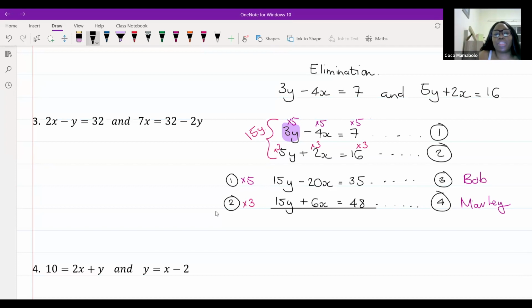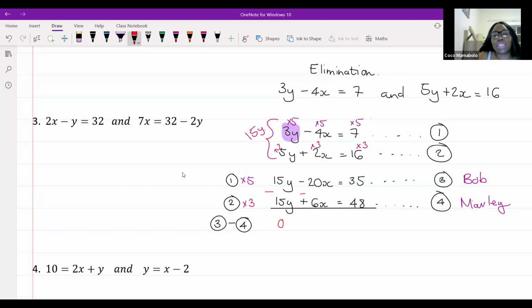All right. I'm then going to say equation 3 minus equation 4. So I'm going to have 15y minus 15y, that is going to give us 0. And then over here, I'm going to get negative 20x minus positive 6x. A negative and a positive will give me a negative.